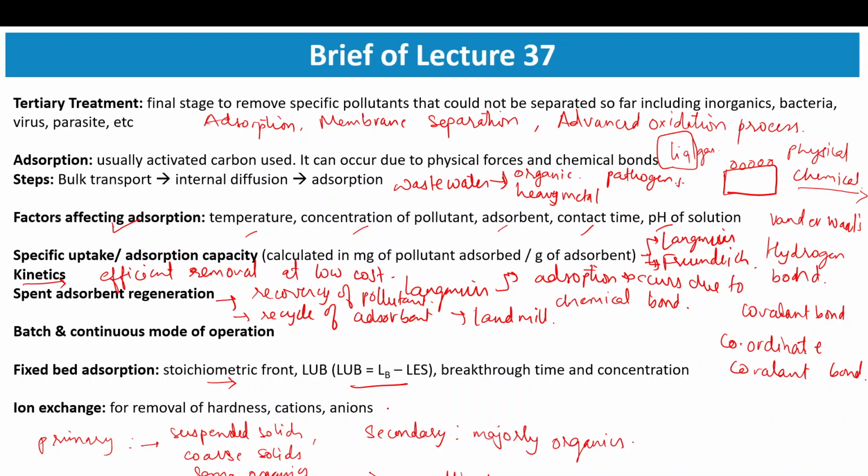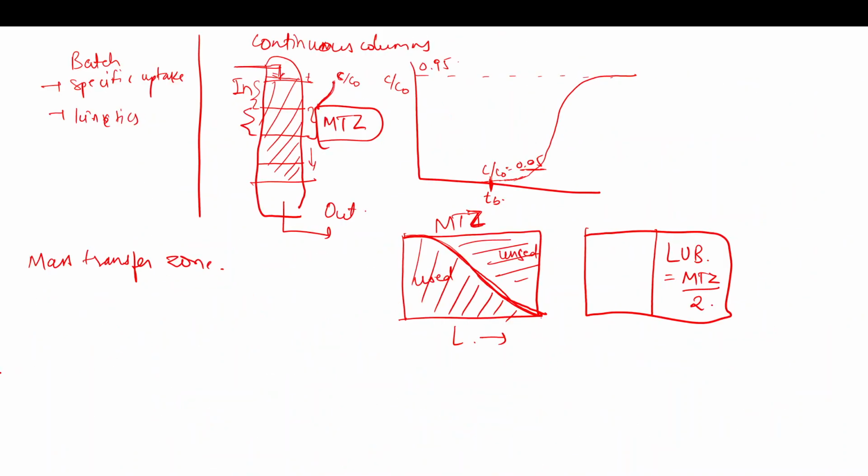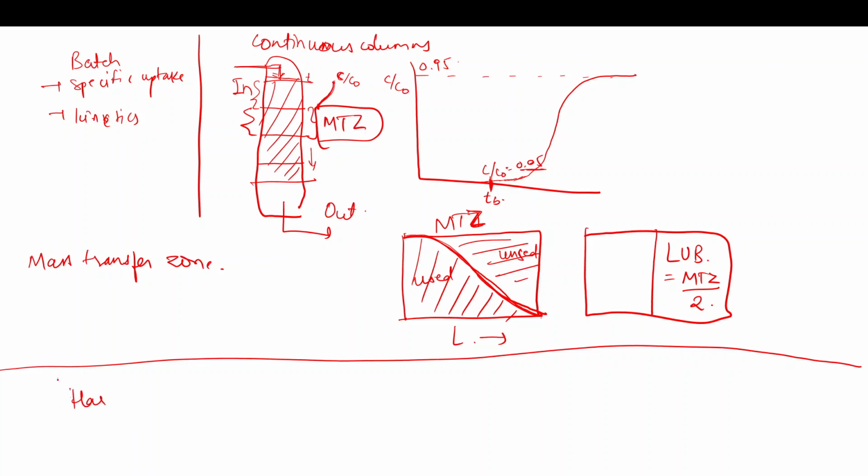Now coming to the ion exchange process, ion exchange is also taking place in the columns only. I had mentioned earlier also, it is majorly for the removal of hardness from water, which majorly includes calcium and magnesium.